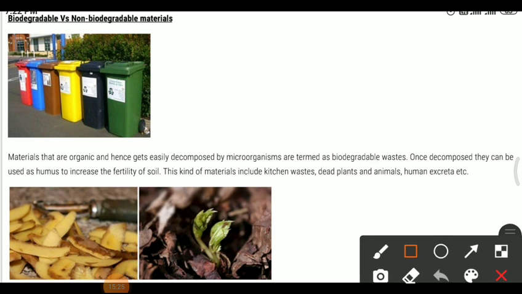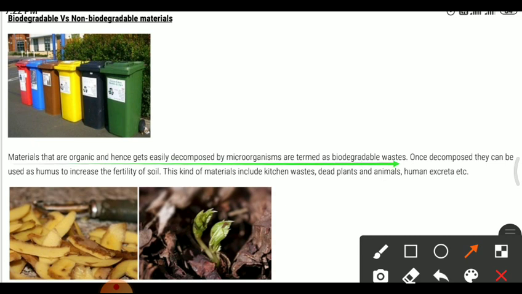The waste material around us can be divided into two broad categories, that is biodegradable waste and non-biodegradable waste. A material which gets decomposed through natural processes such as the action of bacteria is called biodegradable. Materials that are organic and hence get easily decomposed by microorganisms are termed biodegradable wastes.